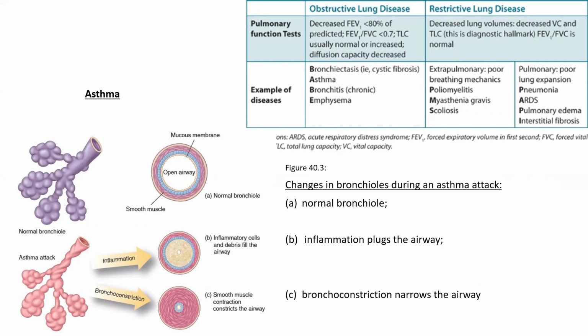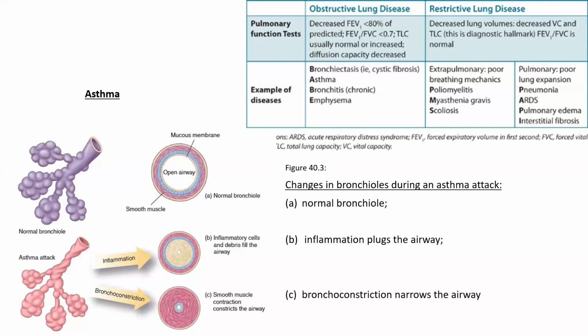The second is where the smooth muscle will contract and decrease the lumen size of the bronchioles. So the inflammation is due to edema of the mucous membranes of the inner linings of the bronchioles, or bronchoconstriction is due to smooth muscle contraction. Both factors will result in significant bronchoconstriction.